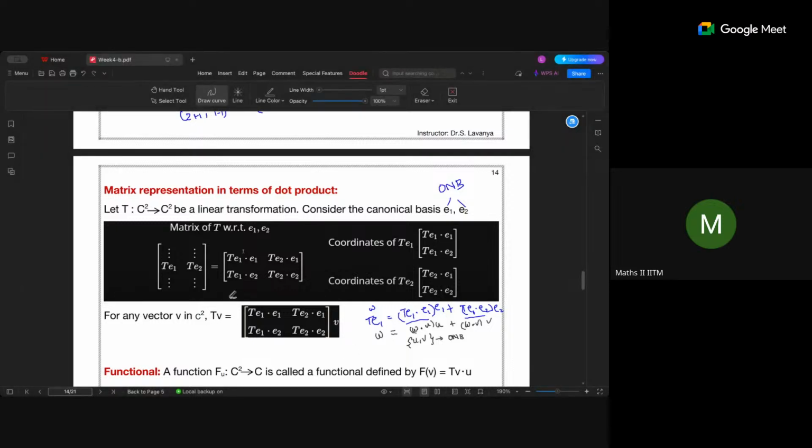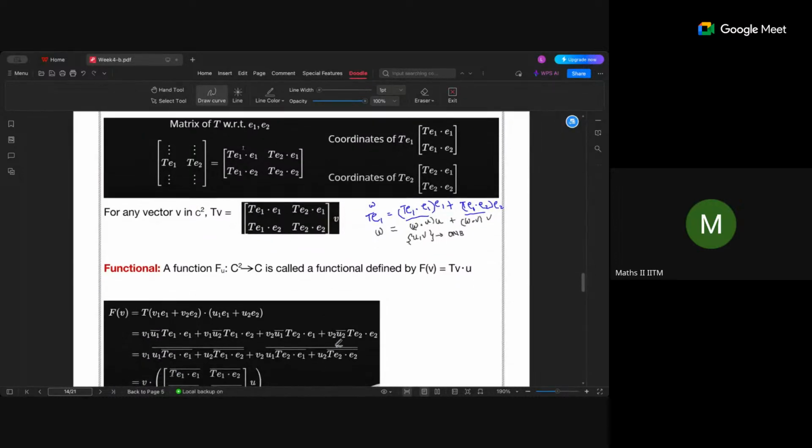Now in that case, you can write TV as this matrix times V, because this is the matrix representation of T. So TV is simply the matrix times V. There is another new concept which we are going to see, called functionals. Functionals are simply functions which take values from C2 and map them to scalars in C. How are we defining these functionals?